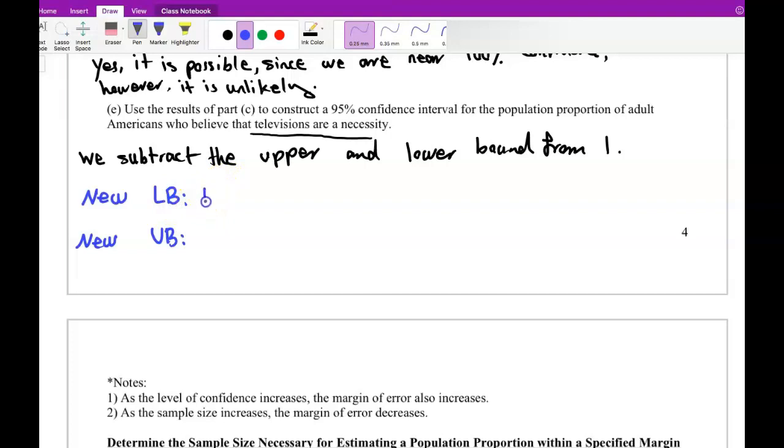So for lower bound we have 1 minus 0.550, and here for upper bound 1 minus 0.488. So the answer is 0.450 and 0.512.